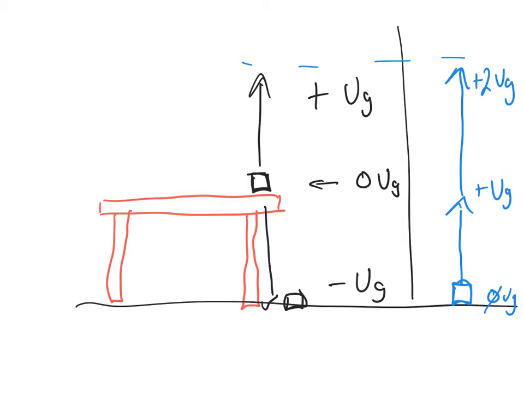But what's important to understand is that the change in gravitational potential energy for both of these is going to be exactly the same. If I go up, it's going to be a positive ΔU_G. If I go down, it's going to be a negative ΔU_G. And the magnitude of that change is going to be the same regardless of what my frame of reference is.